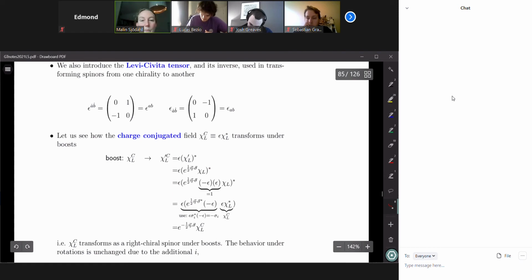The boosted chi C is epsilon times this boosted, and that boosted is the chi prime, the boosted chi, and then complex conjugated. So now I consider a boost of my chi L, and I take then the complex conjugate.